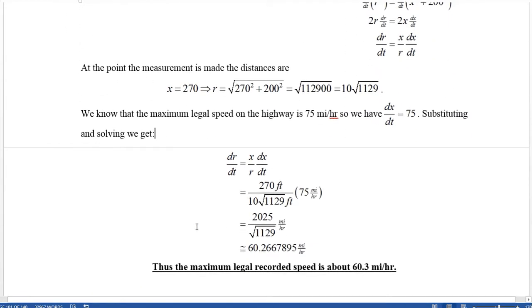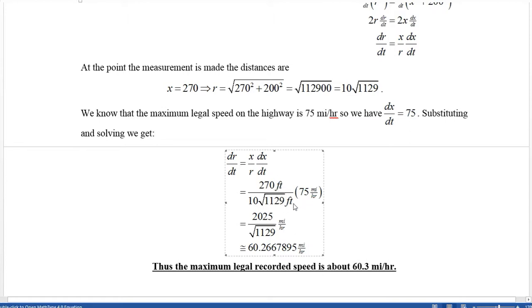So we know dx/dt, and we want to solve for dr/dt. dx/dt is 75 miles per hour. x is 270 feet. r is 10 times the square root of 1129 feet. And we potentially have a problem because we have miles here and we have feet, but actually we don't, because the feet cancel out and we get miles per hour, which is probably what we want anyway.